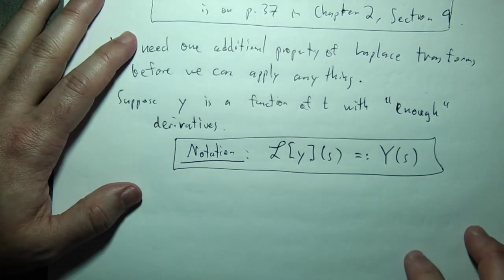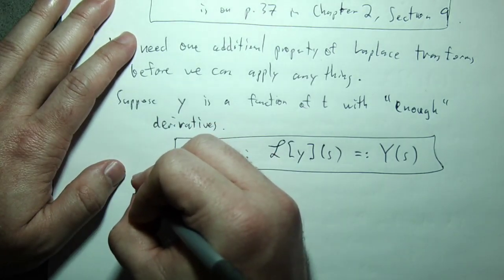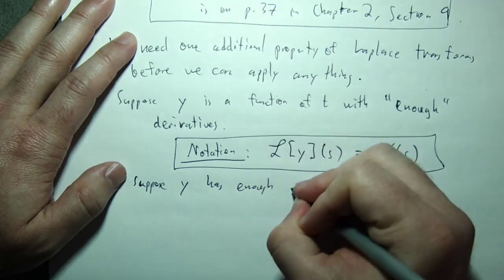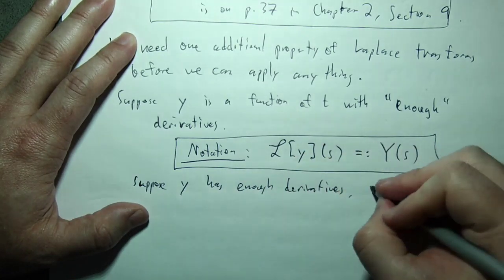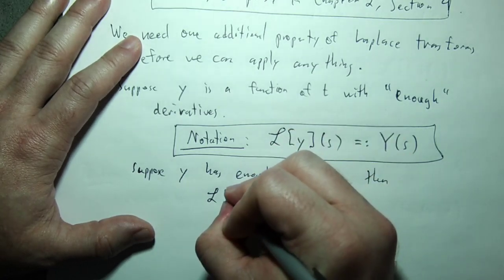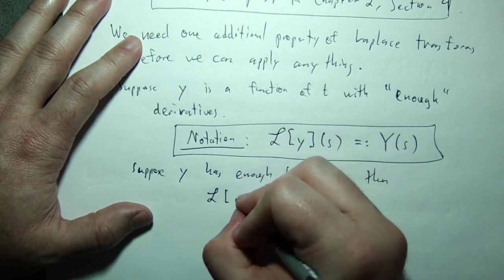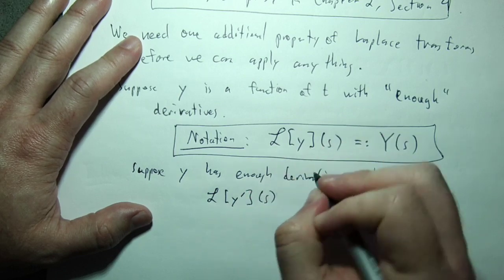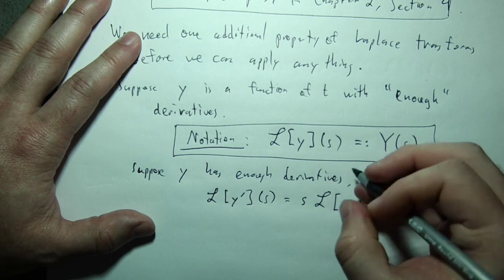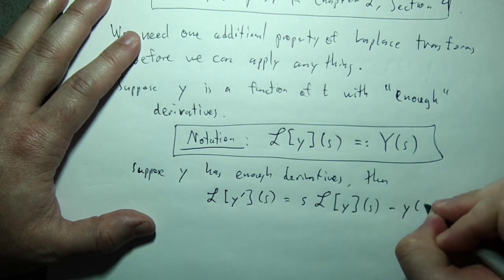So suppose y has enough derivatives, then L of y prime of s, that is the Laplace transform of its first derivative, is s times the Laplace transform of y of s minus y of 0.